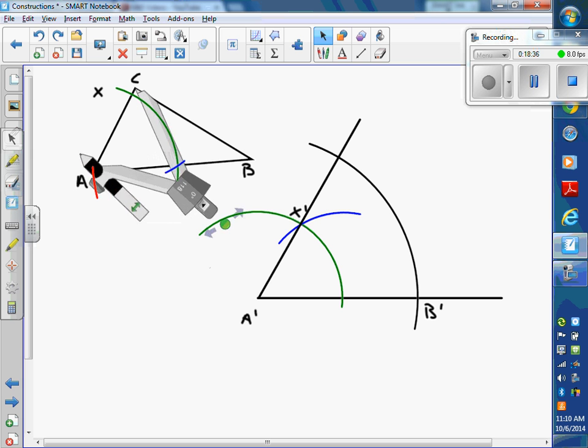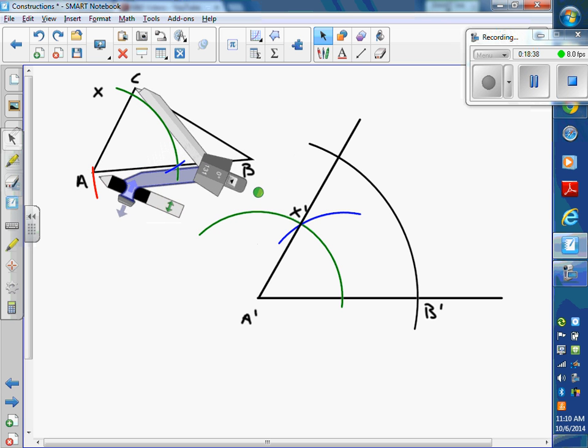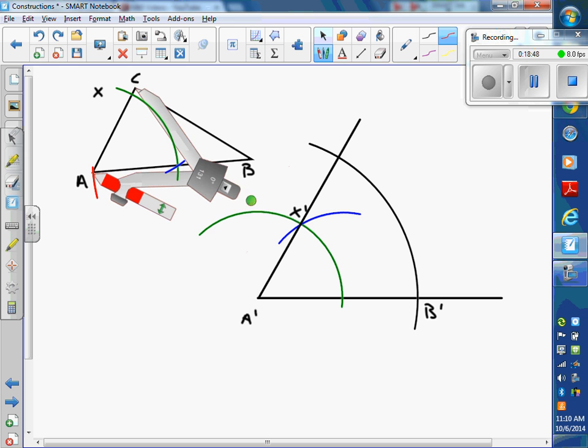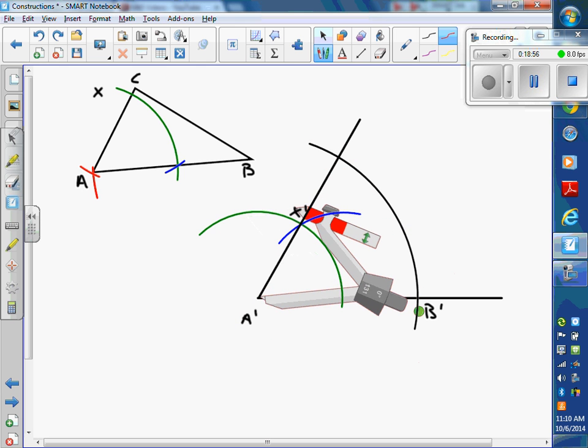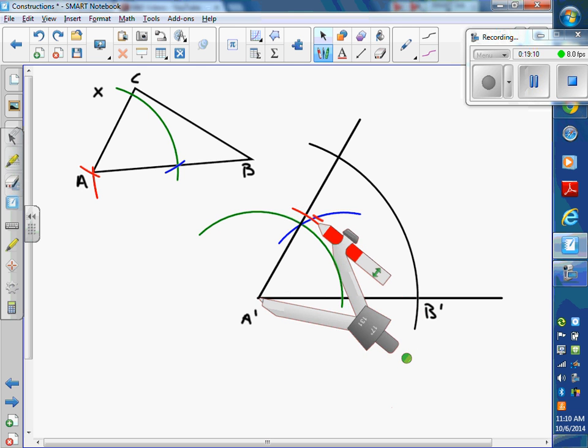Sometimes I will do that, and sometimes I just don't think to do that. Let's see, red. So that's how wide C is. Do you see the length? So I'm going to come over here to A and mark off the length. I'll get rid of the little X on there. And that's going to be C prime.